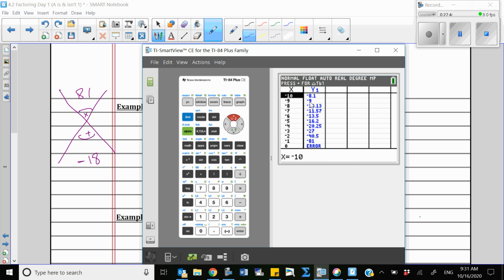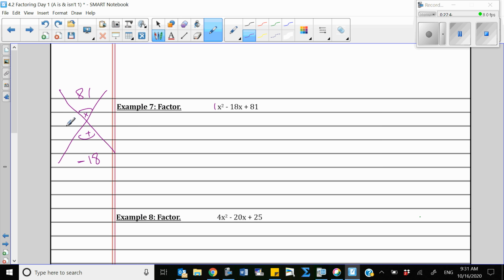And this one, negative 9 and negative 9, yes. They add up to negative 18 and multiply to 81. So I'm going to write x minus 9. Both of them are x minus 9. So this is x minus 9 squared.